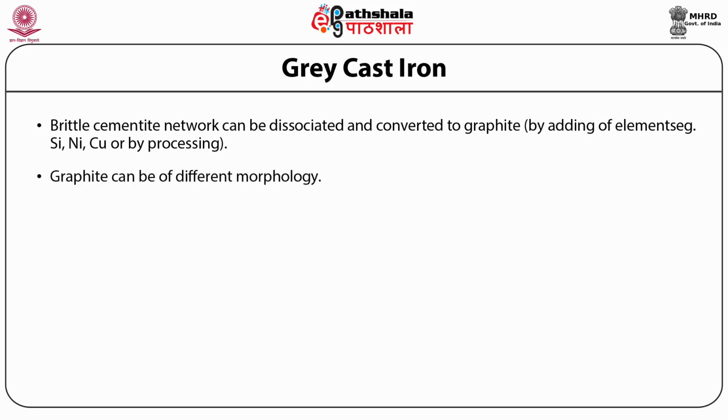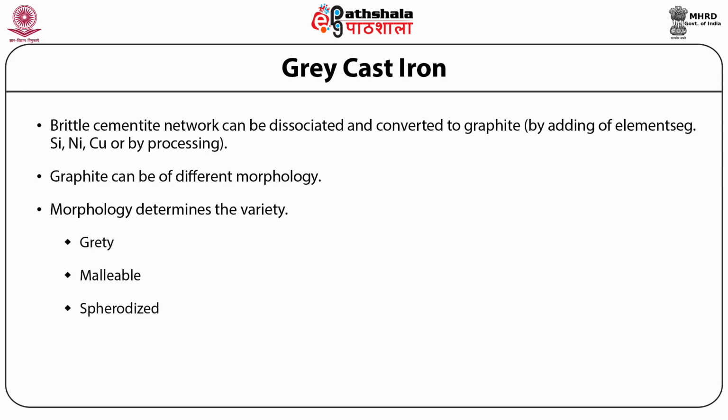Graphite can be of different morphological forms in the matrix of pearlite, ferrite, martensite, etc. Depending on the morphology of graphite, there could be three distinct varieties of cast irons, that is grey, malleable and spheroidized cast irons. Depending on the base microstructure, it can be called ferritic cast iron, pearlitic cast iron, etc.